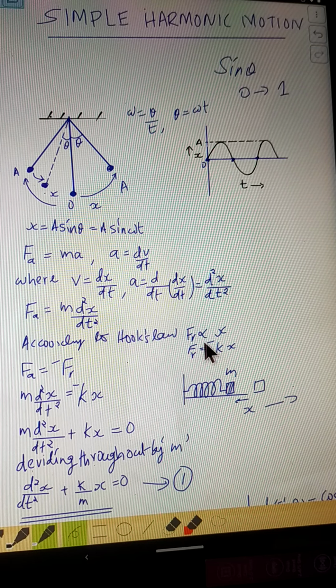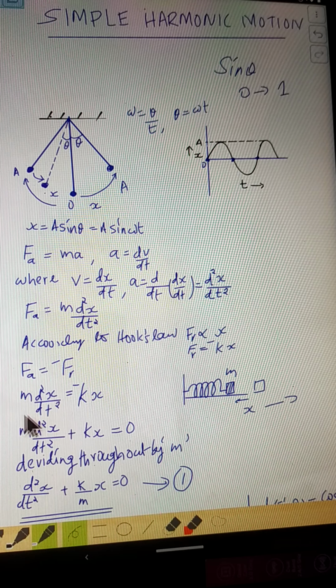So we attach a negative sign because the applied force takes the body away from the mean position and the restoring force takes the body towards the mean position. So in magnitude they are equal. The applied force is equal to the restoring force, but the direction is opposite. Now we can equate them because the body is able to come back to the same position. So the applied force is equal to the restoring force. The restoring force and applied force are equal, and the direction is opposite.